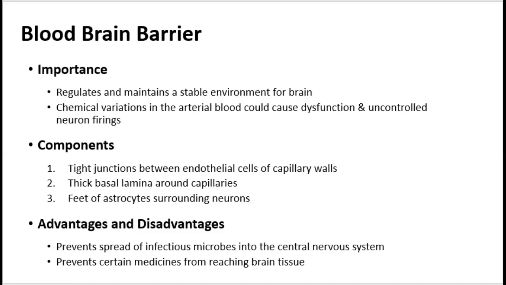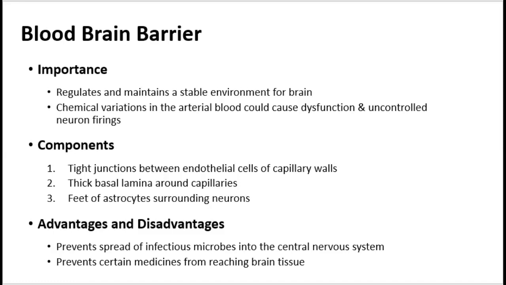The second is that the endothelial cells are layered with a basal lamina, much like a basement membrane. It's a thick basal lamina, almost a connective tissue. And then finally, the third layer is the feet or podocytes of astrocytes that surround certain capillaries and neurons.